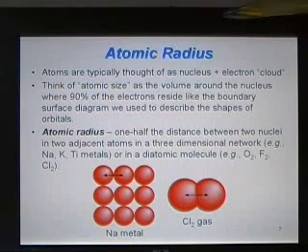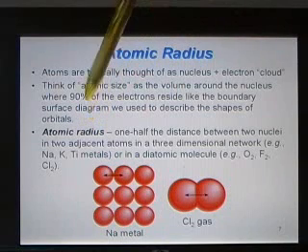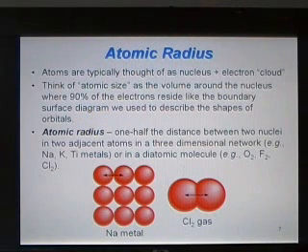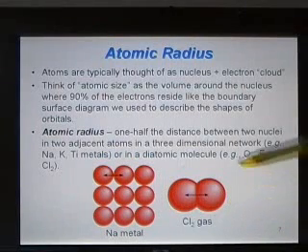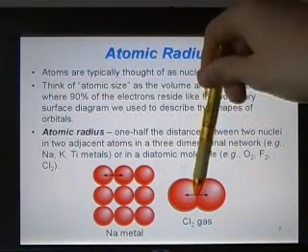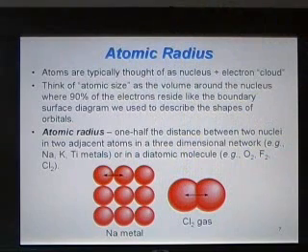It's equivalent exactly to the radius, as it is called in periodic trends. In a diatomic molecule like Cl2 gas, the atomic radius is 1/2 the distance between the 2 nuclei in the diatomic molecule.